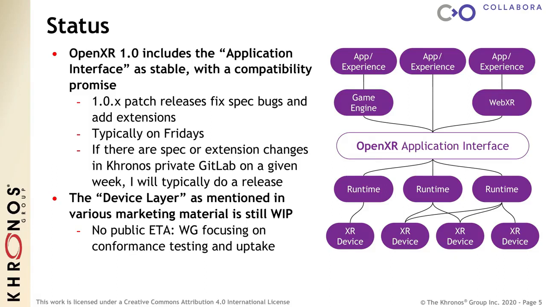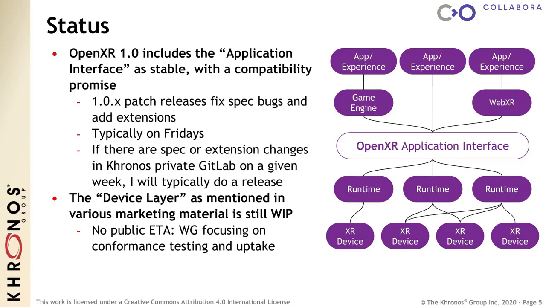My general rule of thumb is that if there are specification changes or extension changes in the Khronos private GitLab instance for a given week, I will typically cut a patch release for that week. So the time between patch releases can be variable, but I work to get whatever the working group has put together out as quickly as possible.